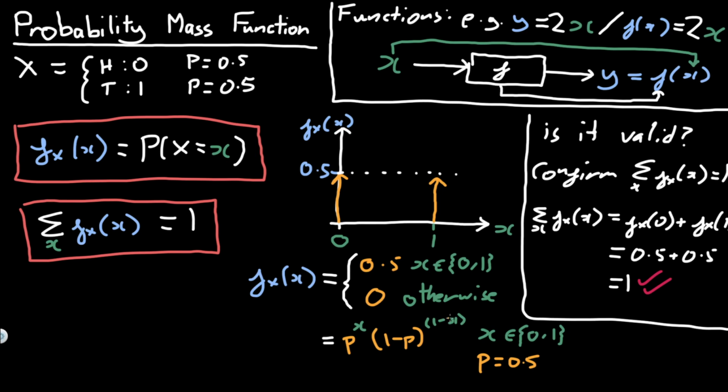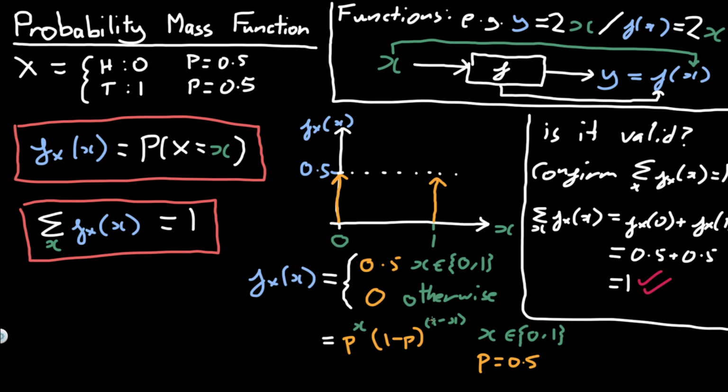And 1 minus 0 is 1, so you end up with just 1 minus p. Now in our case, p is a half, so the output of this whole expression would just be a half. So when x is 0, when we put in heads, we get as output a half, which is what we want.